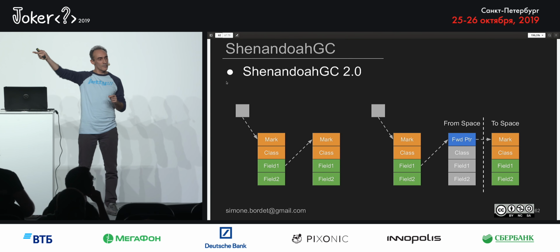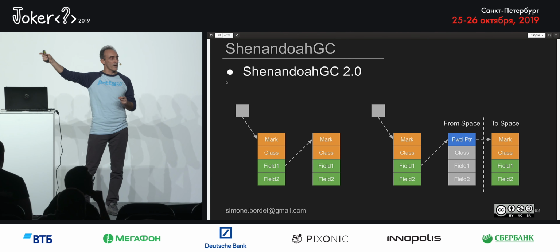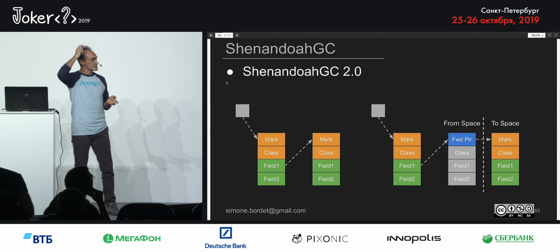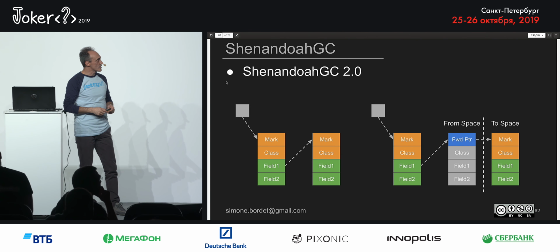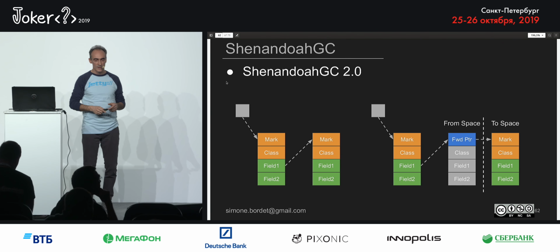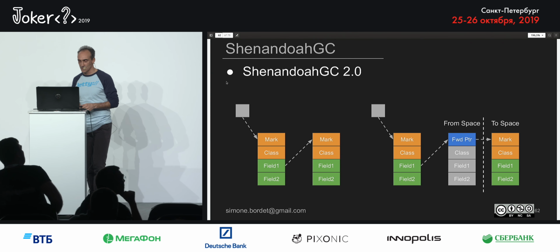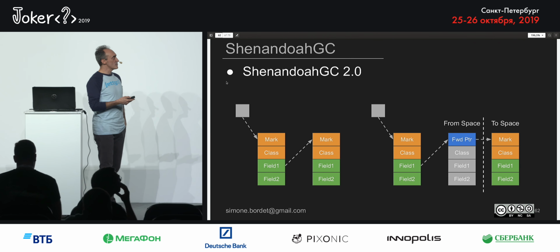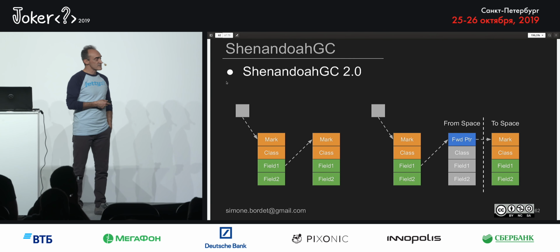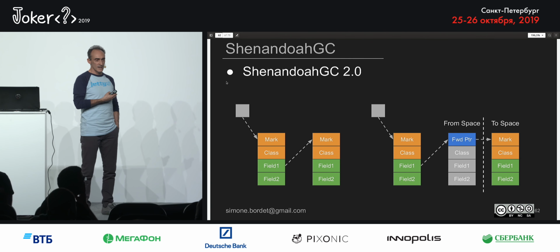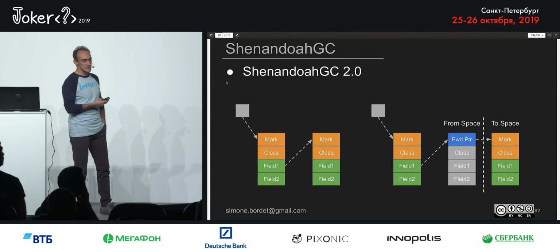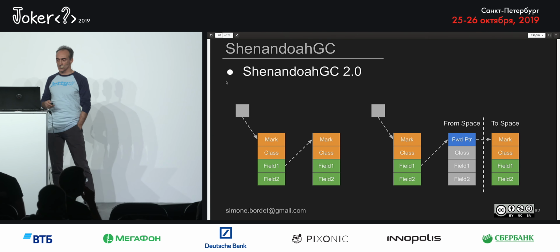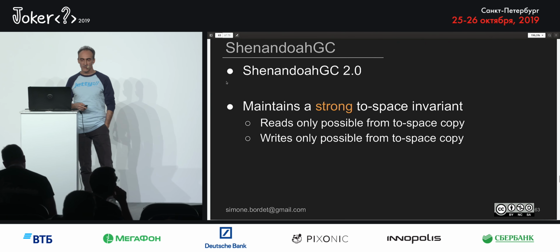And so every time I will be forwarded to the new place where the new object is, and therefore I will be able to read and write correctly to this object. Well, what's the good news? The good news is that I don't have the additional word anymore, so I'm not wasting space in memory like Shenandoah 1.0 was doing, just to store this particular information.